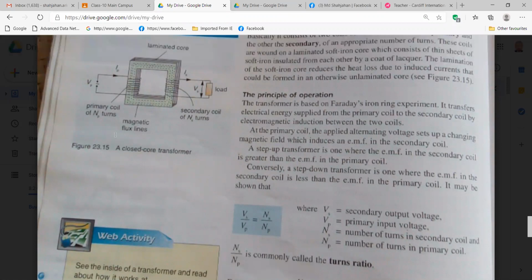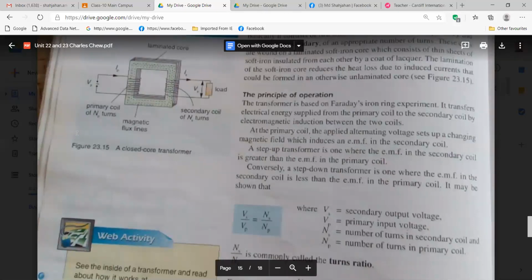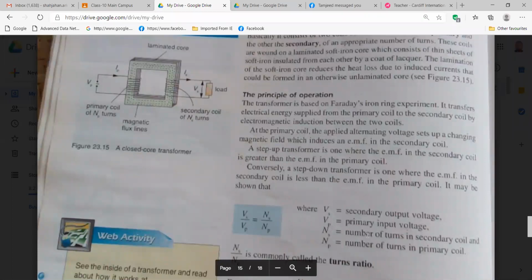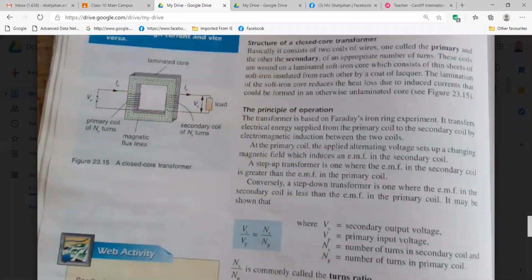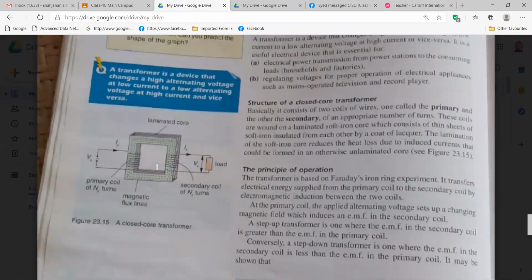Sir, after writing this formula, what do I write next? If you understand what is VS, VP, NS, NP, then you do not need to write all the right side thing. I think you will understand it, right? Yes sir.